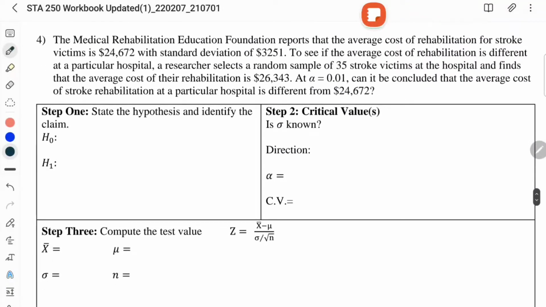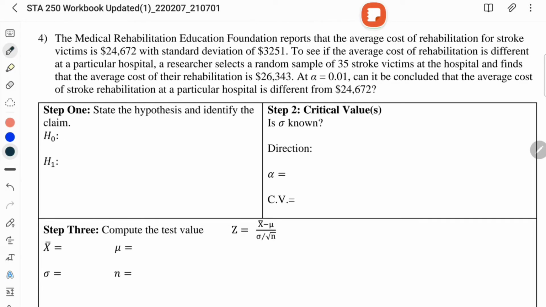The Medical Rehabilitation Education Foundation reports that the average cost of rehabilitation for stroke victims is $24,672 with a standard deviation of $3,251.